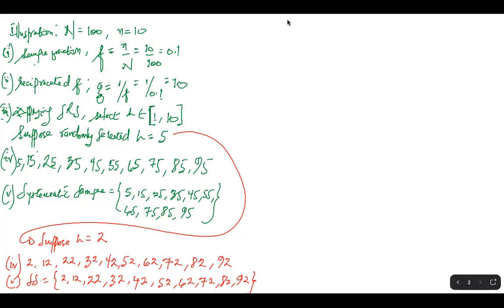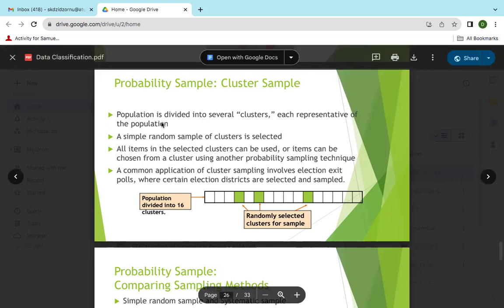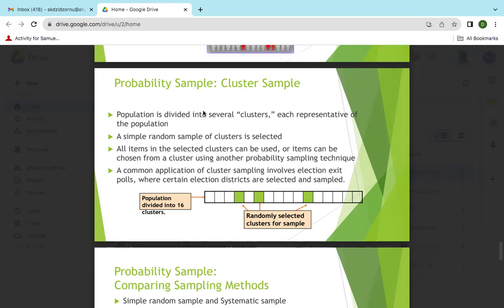the third approach, cluster sampling. For cluster sampling, right, this is it. There are a couple of things I would say which are not necessarily on the slide. Okay, so we're saying that here the population is divided into clusters, each representative of the population.